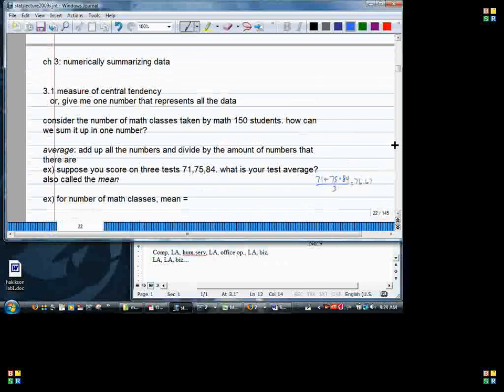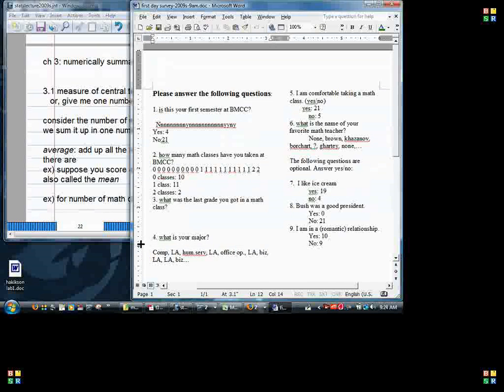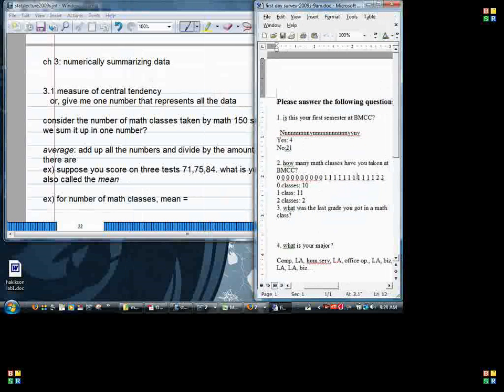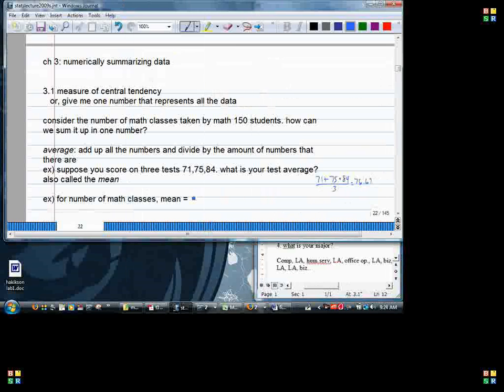Okay. So now let's figure it out for the number of math classes. What did we have? There. 0, 0, 0, 1, 1, 1, 2, 2. So you would have 3, 4, 5, 6, 7, 8, 9, 10. 1, 2, 3, 4, 5, 6, 7, 8, 9, 10, 11.